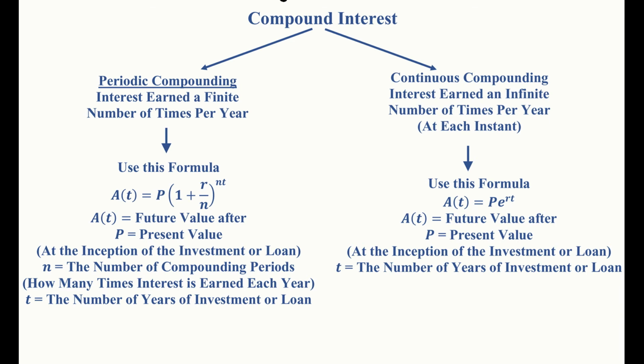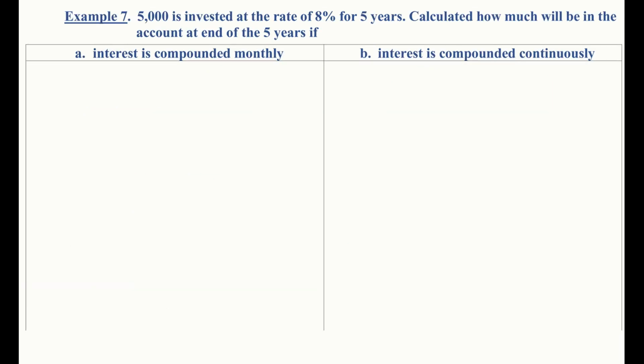So let's look at how we would use these two formulas. Here we have a scenario where $5,000 is being invested at a rate of 8% for 5 years. We want to know how much will be in the account at the end of the 5 years in two scenarios: one when interest is compounded monthly, and one when it's compounded continuously.